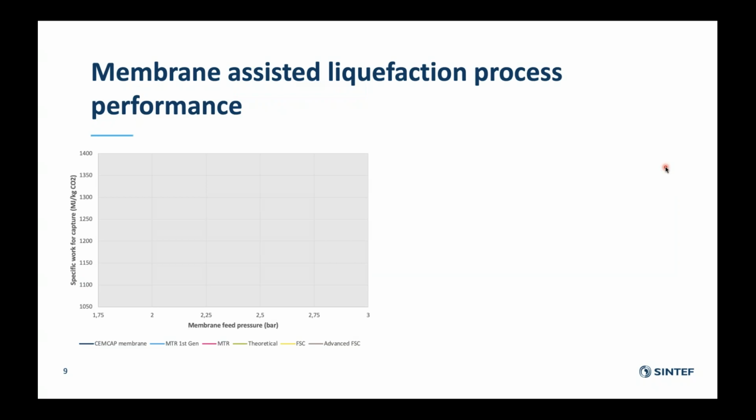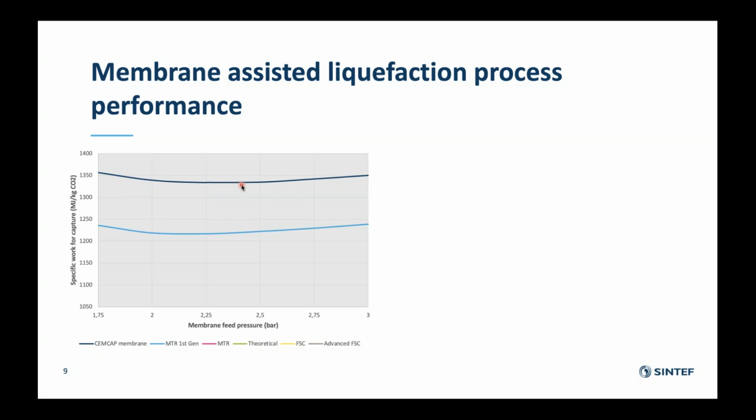Like I said earlier, having a low membrane feed pressure is better for the process because it would reduce the cost. So here we have the case for the SEMCAP membrane, where you get the minimum specific work to be around 2.25 to 2.5 bar.